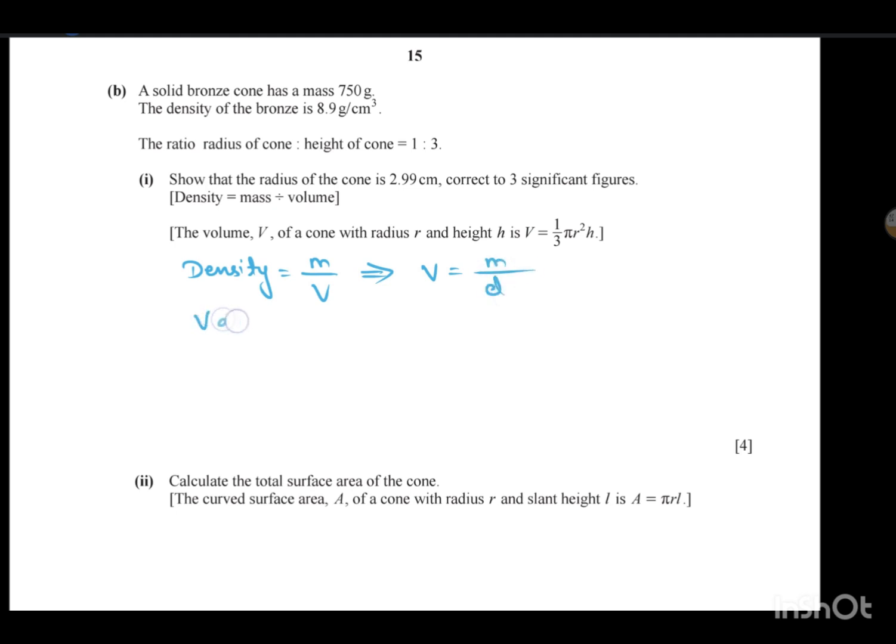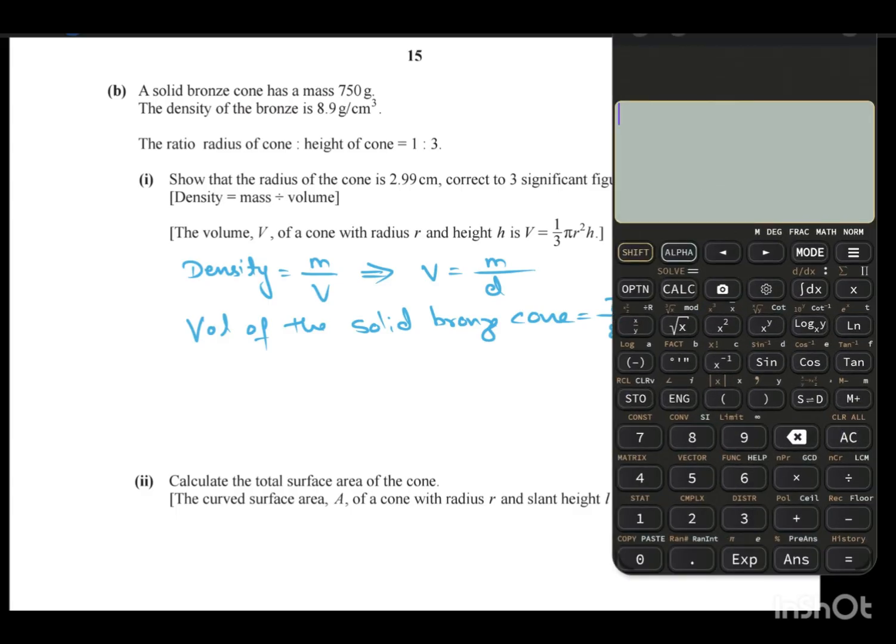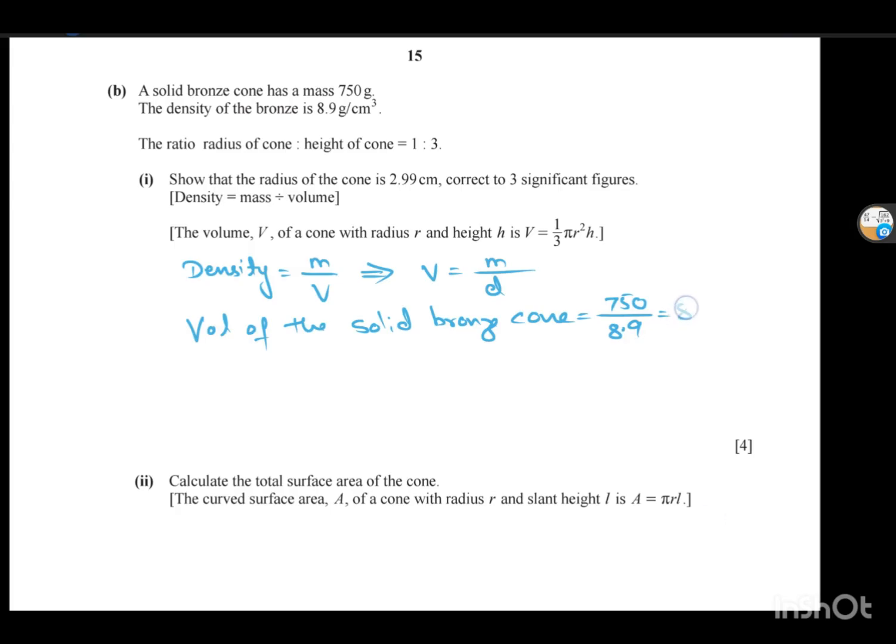So volume of the solid bronze cone is equal to mass by density, that is 750 divided by 8.9, which is equal to 84.269. I'll take 84.27, that is centimeter cube.